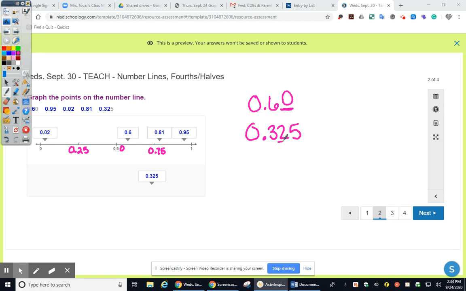Remember, money only goes to the hundredths spot. So you can make this 5 disappear. And it's like we have 32 cents. So we know 32 cents is a little bit more than 25 cents. So we can put it close to here. Okay?